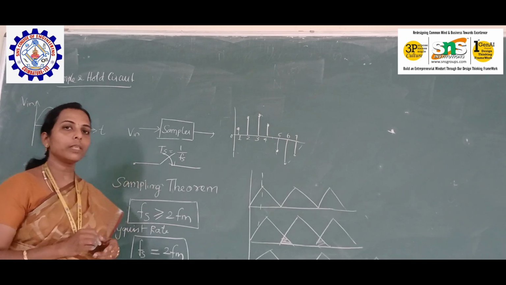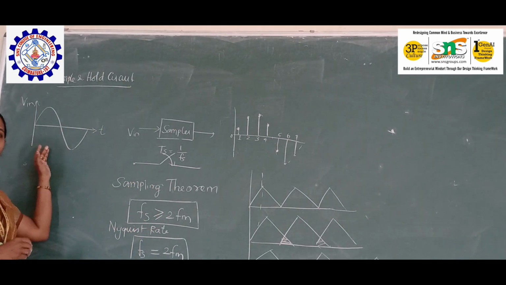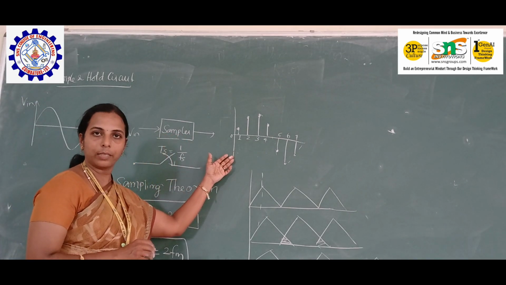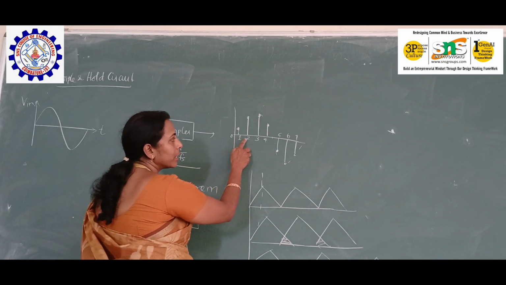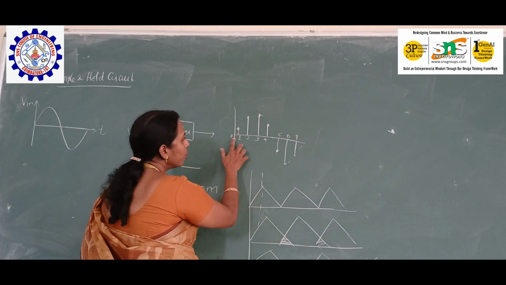Now, we have discussed the continuous time signal or analog signal, and now this becomes a discrete signal. It becomes digital with respect to time. There are no intermittent values, either a low or a high, 0, 1, 2.